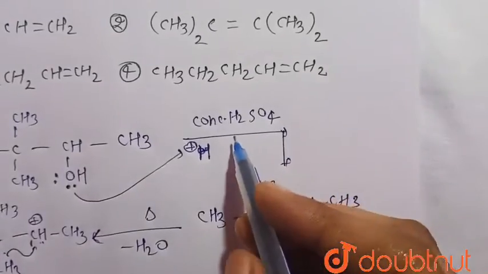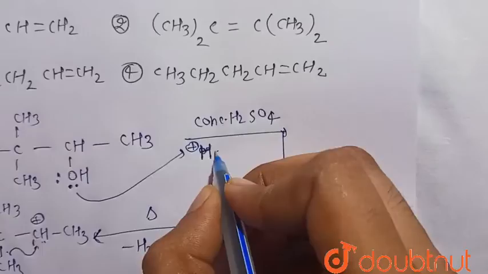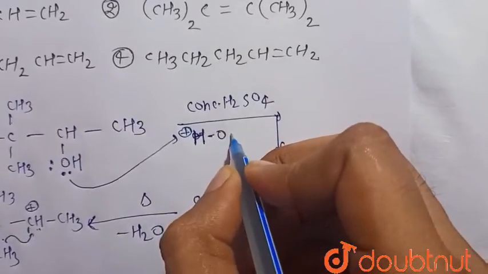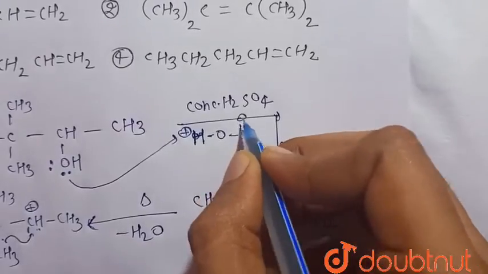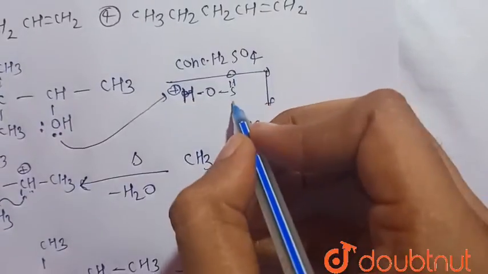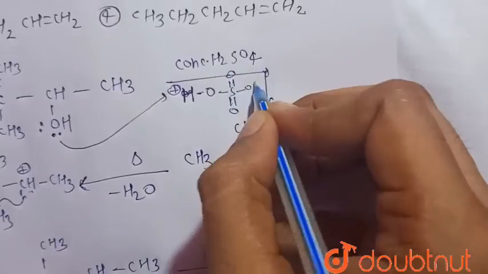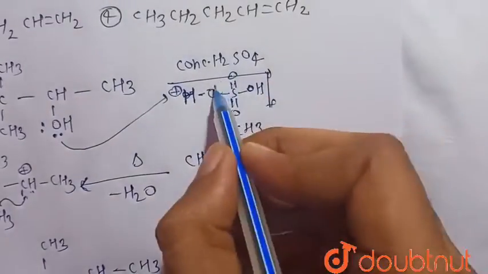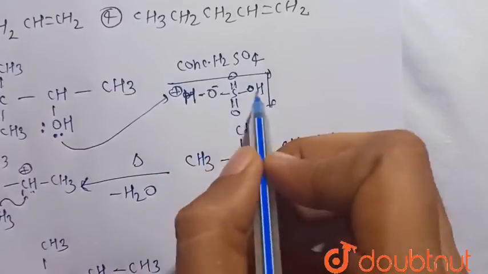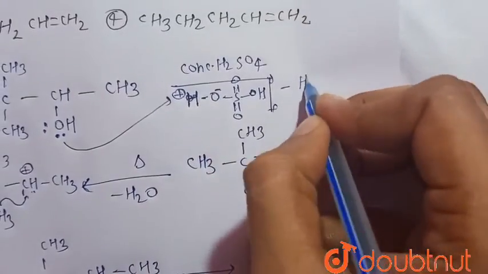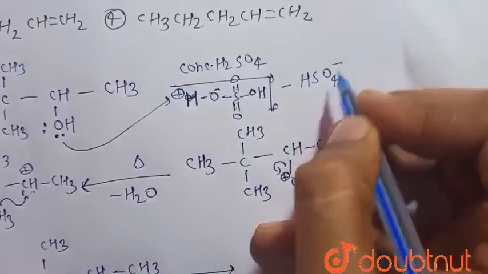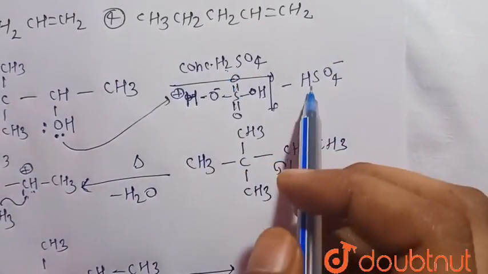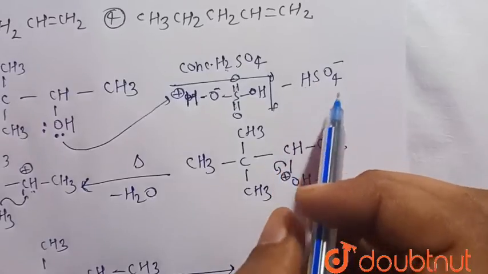Now in this step we can write HO-S double bond O-OH, this is H2SO4. So it will take H plus, so there is the removal of HSO4 minus, that is if H plus is removed from H2SO4, the remaining part is HSO4 minus.